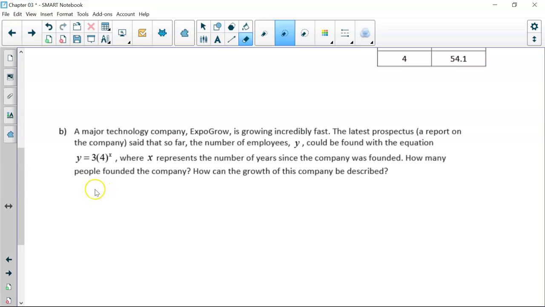Well, we know for this exponential, 3 times 4 to the x, the initial is A. It's that first number. And our multiplier is 4. So what we have is the initial is 3. We have 3 founders.